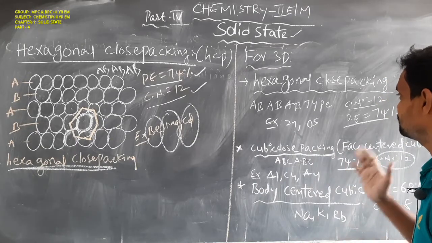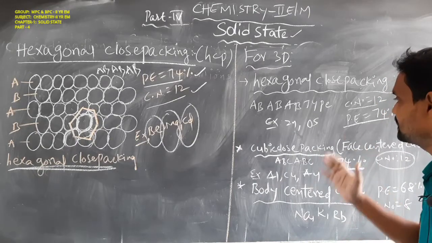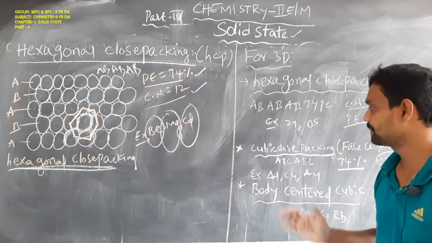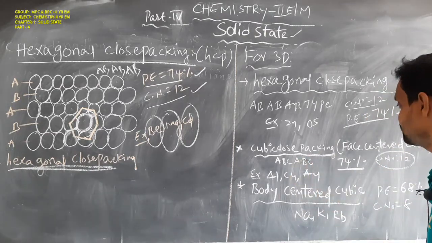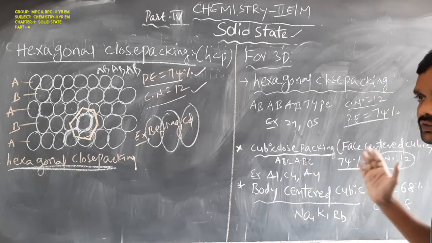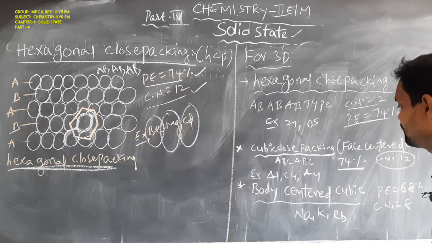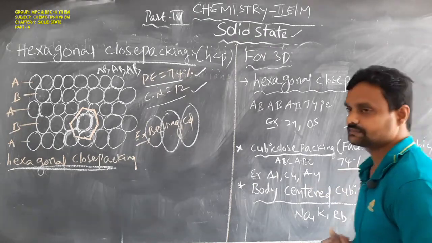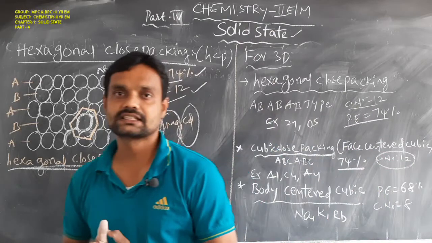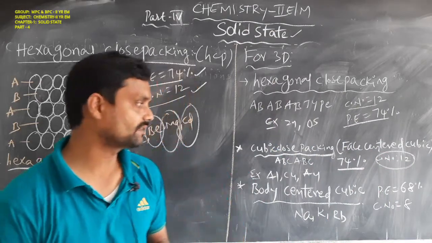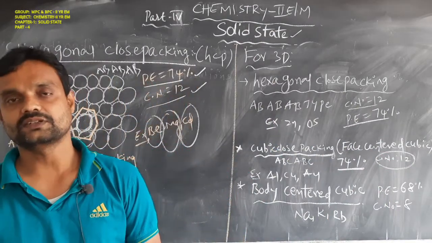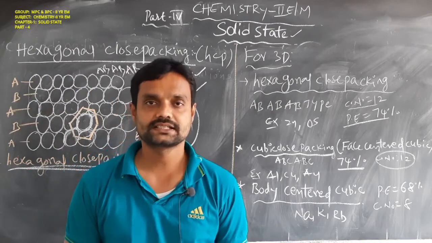Hexagonal close packing: packing efficiency 74%, coordination number 12. Cubic close packing: packing efficiency 74%, coordination number also 12. Body-centered cubic arrangement: packing efficiency 68%, coordination number 8. So this is the close packing in solids.